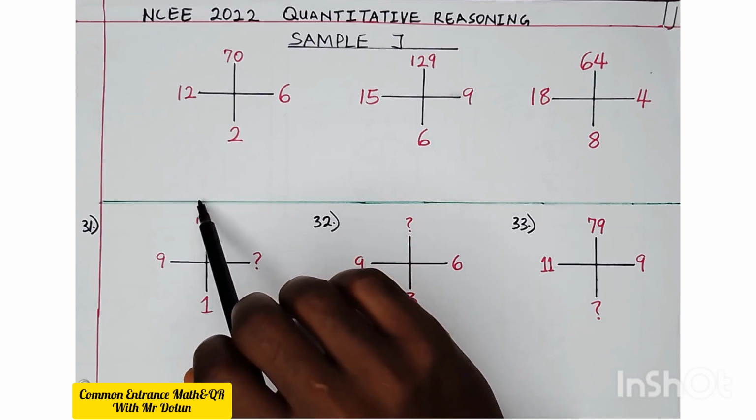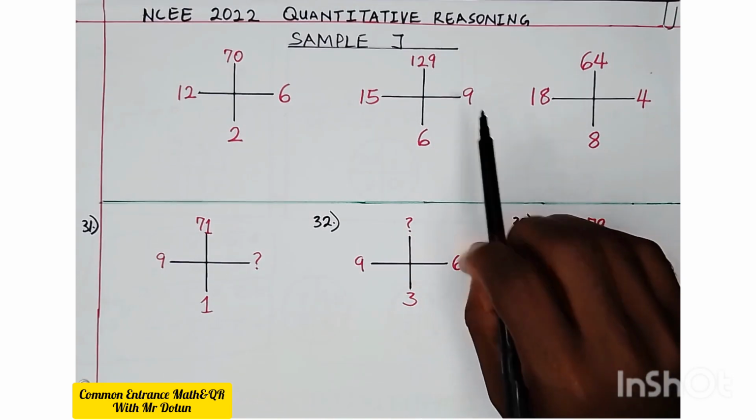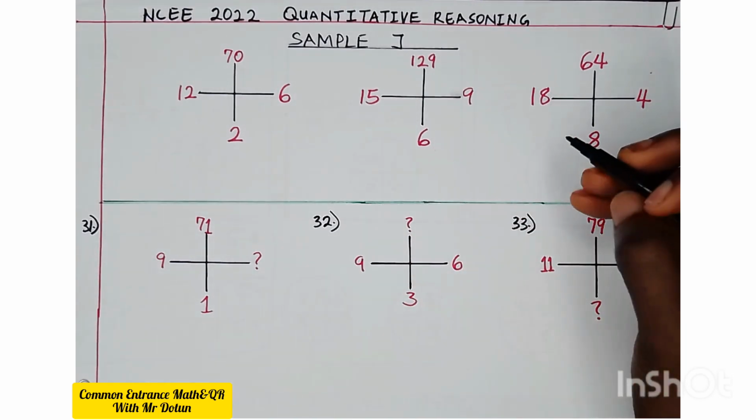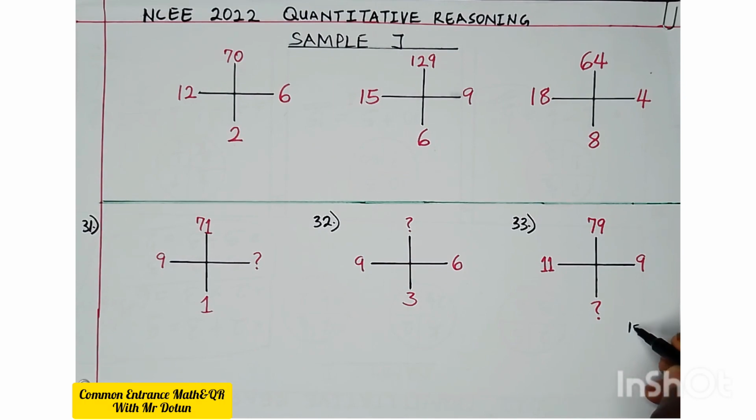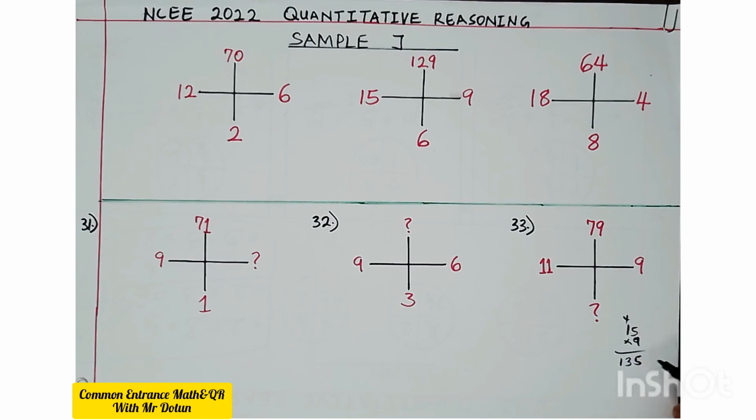So let me check that here. 15 times 9, I could just quickly do my 15 times 9. 9 times 5 is 45. 9 times 1 is 9, plus 4 is 13, so that's 135.